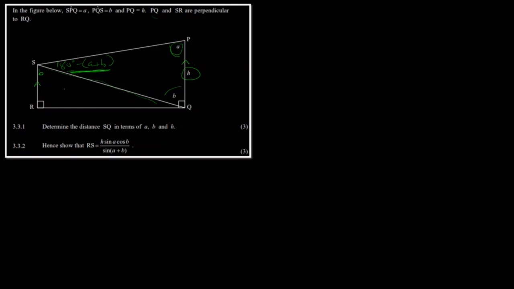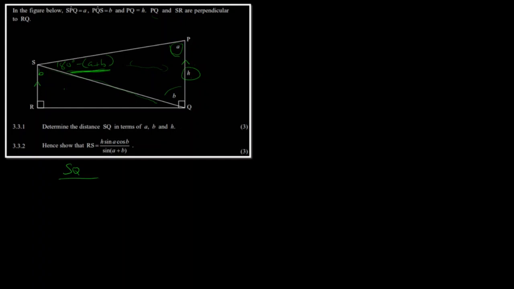Now given that it's 3 marks and we now have a known set over there, angle and side, might as well use that. But remember, it's always going to be what you want over what you have.